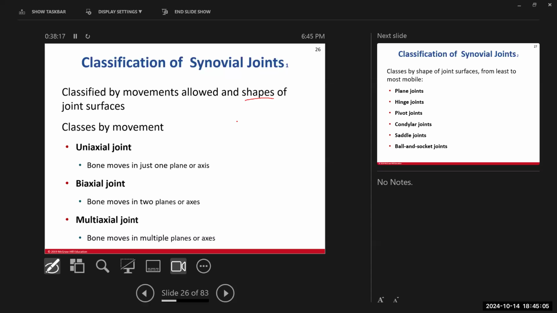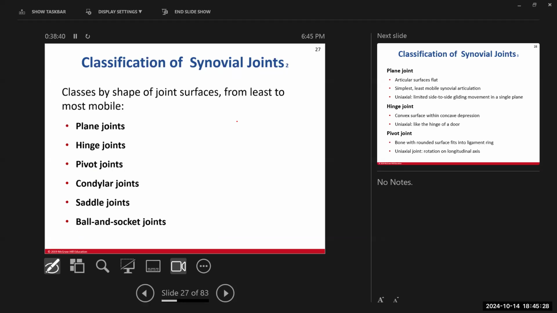So you can probably guess that as you move from uniaxial to multiaxial, you'll see some differences in the types of movements, but most likely you're going to see an increase in the range of motion. So I want to go through and talk to you about some of these movements when we're looking at these joint types. This next slide talks about how to classify these movements, and we're going to do it based on the shape of the joint surface.